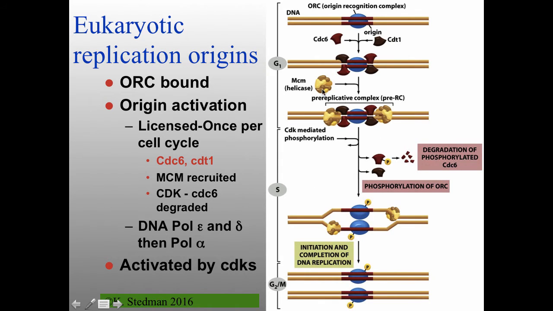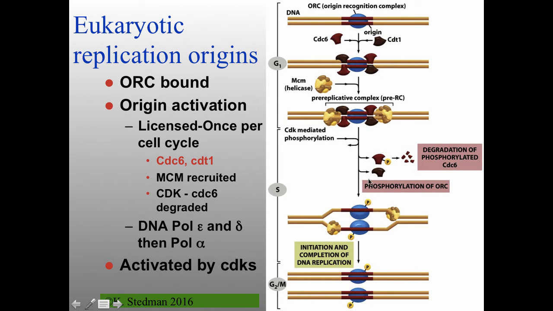What you have to have here, going from the so-called pre-replicative complex to actually getting those two strands apart and starting, is you have to get rid of CDC6, which happens through phosphorylation at the appropriate place in the cell cycle because of the cyclin-dependent kinases.